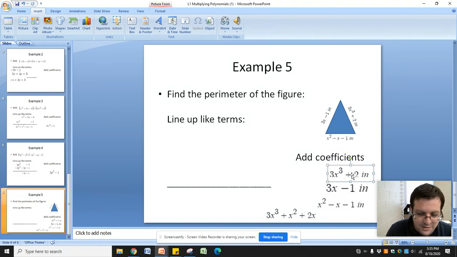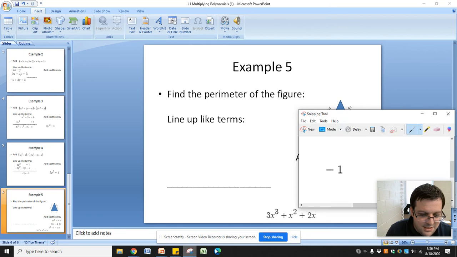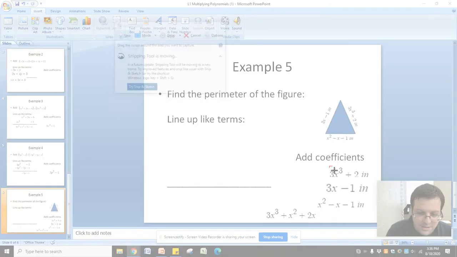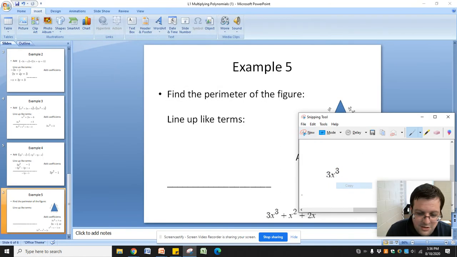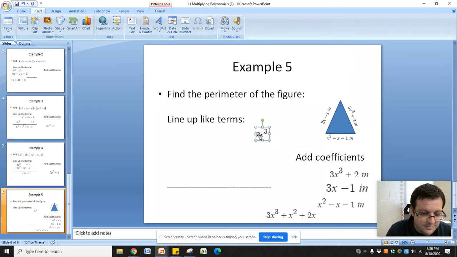The first thing, I'll just start moving them around. You'll notice that we have x cubes, x squareds, x's, and constants. So we're going to want to watch our spacing here. So I'm going to space these out a bit. I have my 3x cubed. I'll put that right there. I have a +2 that I need to care about as well.